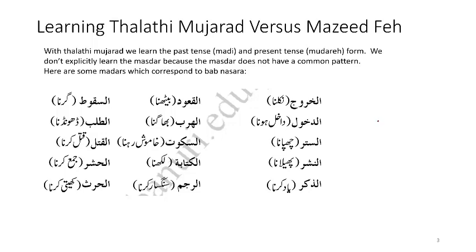Now, earlier when we talked about the six babs, which were salati mujarrad, they were babs like nasara yansuru, fataha yaftahu, etc. In learning those babs, we referred to the past tense form such as nasara, and then the present tense, or fail mudare, which is yansuru.